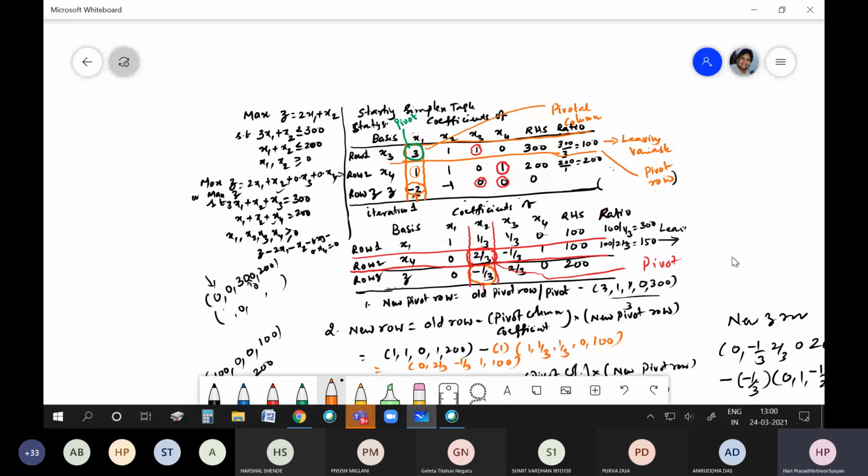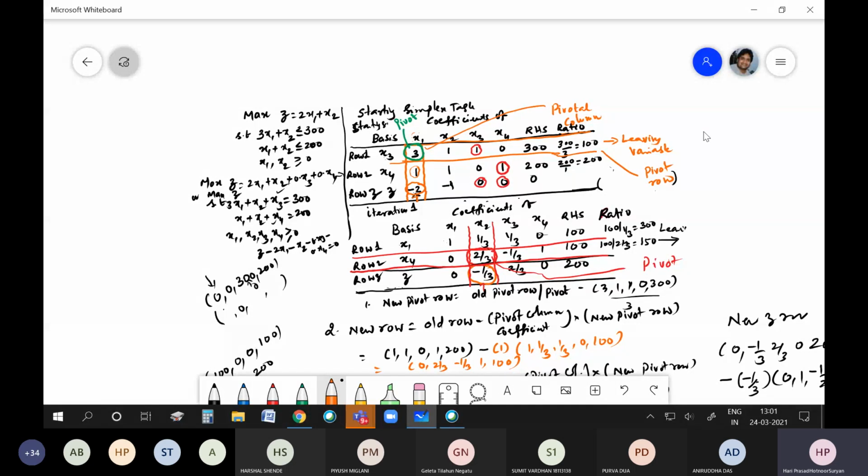Once we know that we have to do the iteration, we have to send one of the non-basic variables into the basic, and we have to take out one of the basic variables out of this basis. So how do we decide the entering variable? In the Z row, that non-basic variable which has the maximum negative coefficient, you have to send that into the basis.